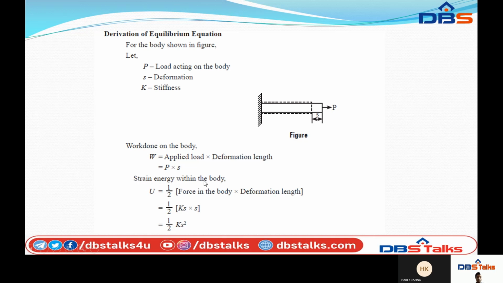Strain energy U is half into the force in the body multiplied with the deformation length. The force in the body is stiffness K into S, so multiplying Ks into S, we get half into Ks square.